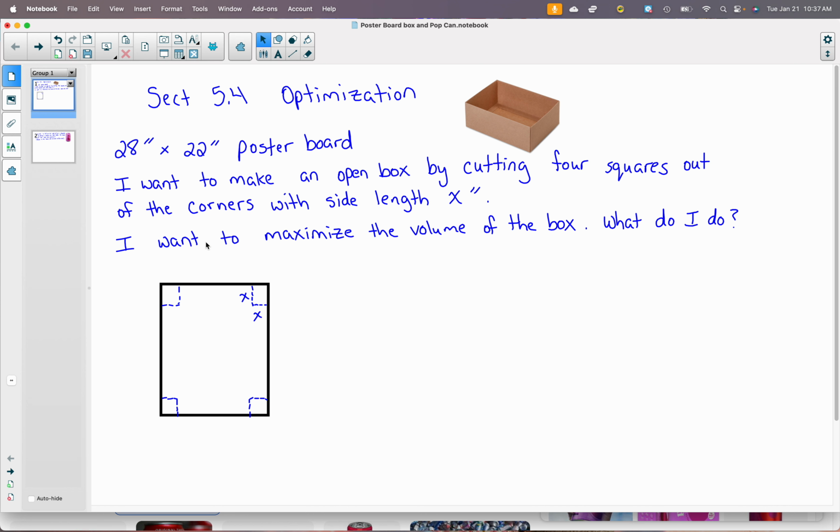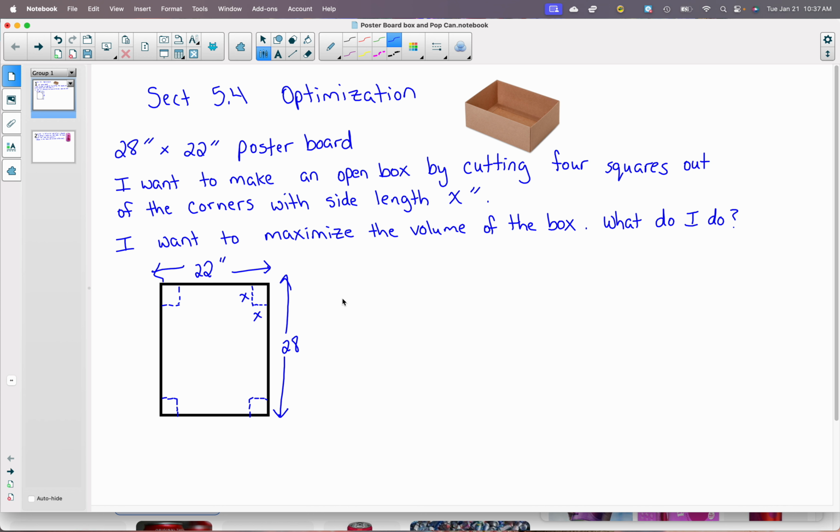So this is 22 inches across here, and it is 28 inches here. But I need to think about the length of the box that I'm going to have. This is my poster board. But if I'm cutting it here and cutting it here, then I'm cutting off X amount.